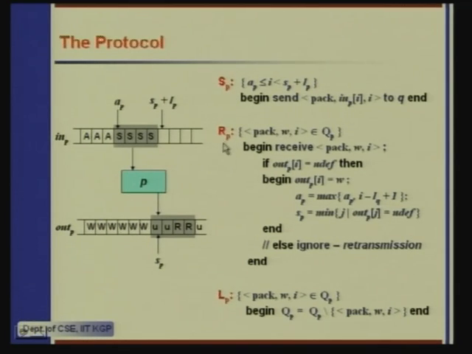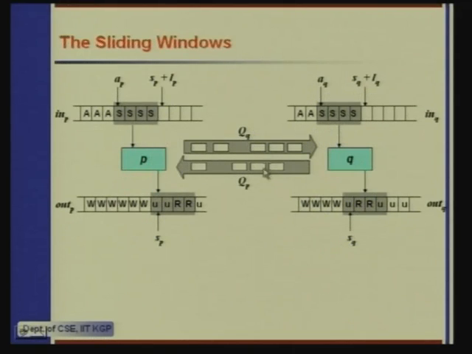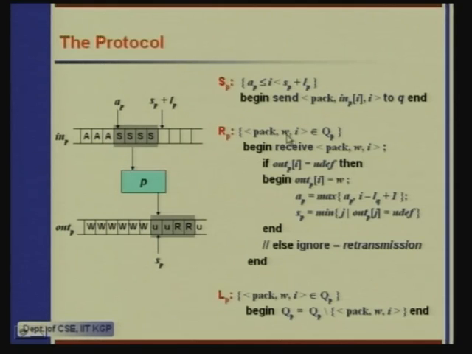What does RP do? RP is the receiving of a packet. So when it receives a packet WI from QP, QP is the input Q, the set of packets that it is receiving from Q. It will receive the packet Wi, then it is going to check if out Pi is undefined.